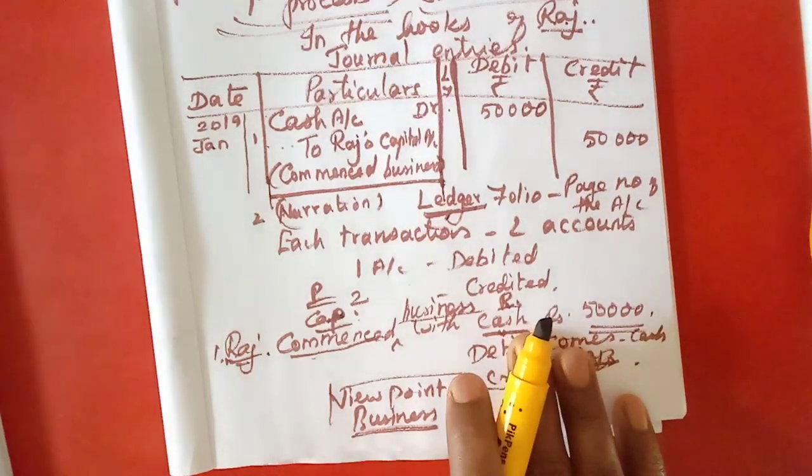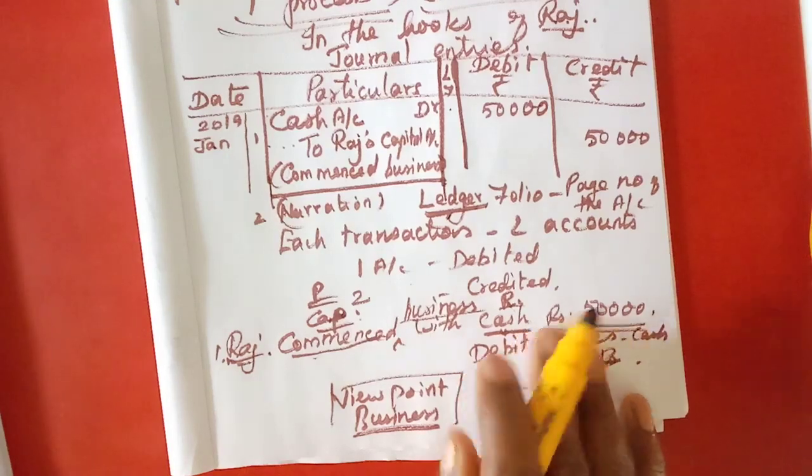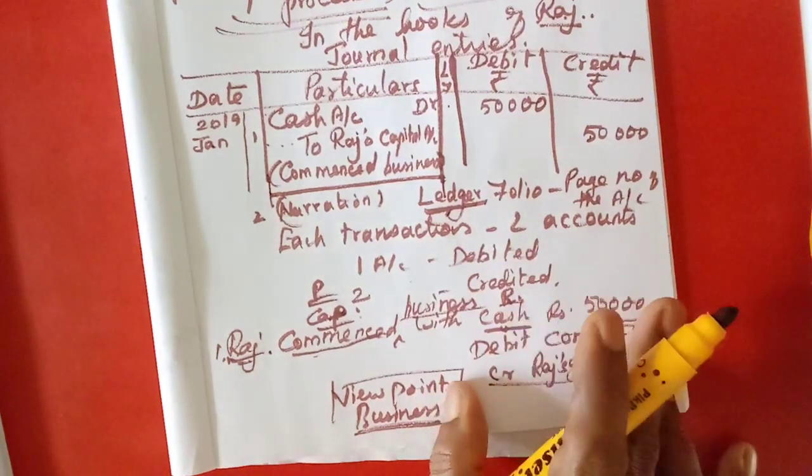This is called journalizing. If you see in the book, you will understand the steps in journalizing. Now we will learn the different types of journal entries.